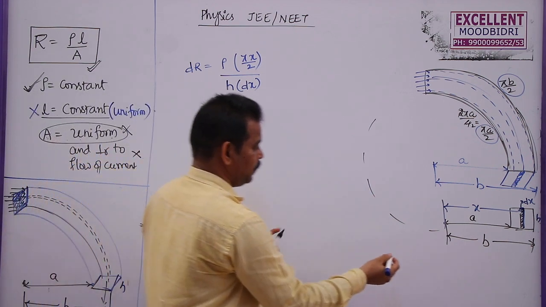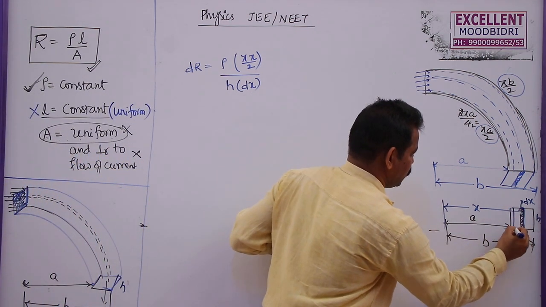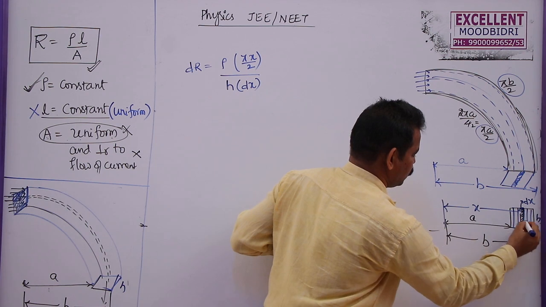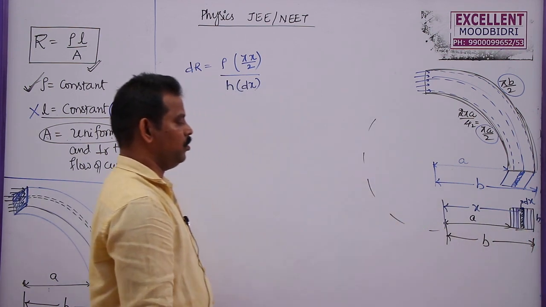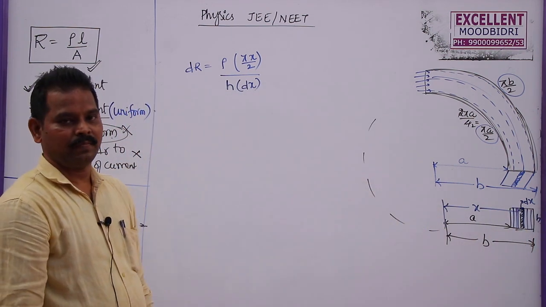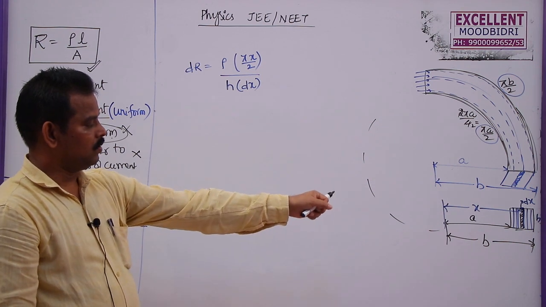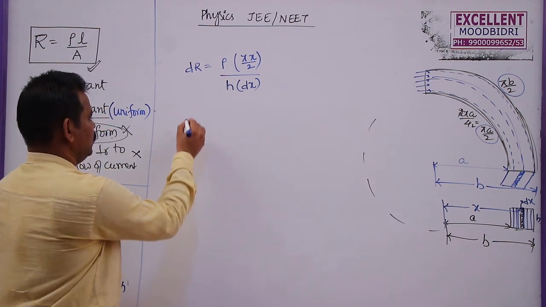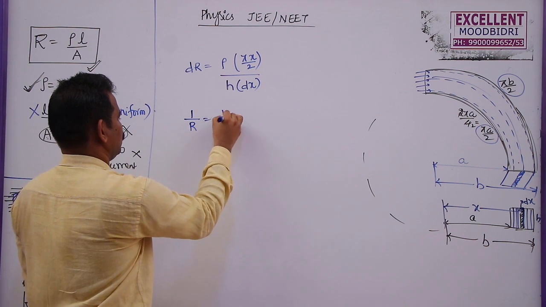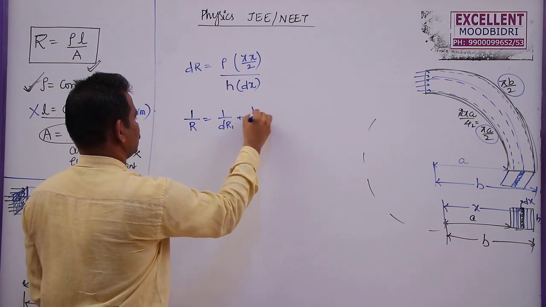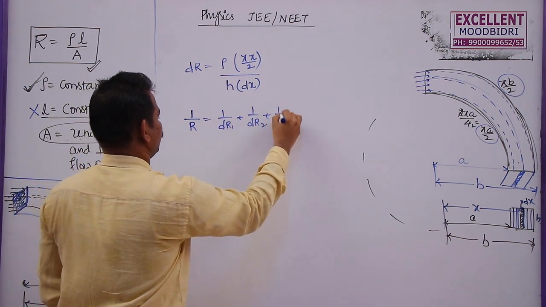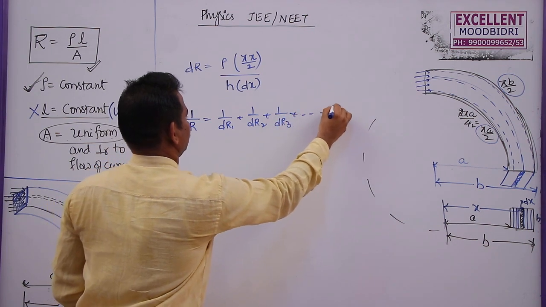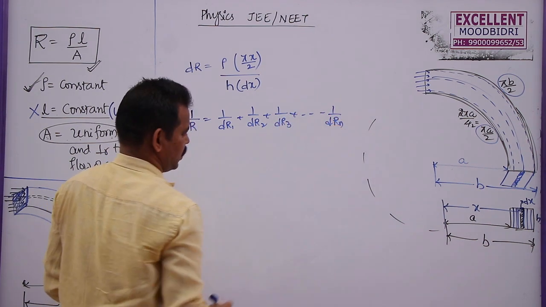Now, you can see here these are all small strips which are parallel to each other. So, the total resistance is given by 1 by r is equal to 1 by r1 plus 1 by r2 plus 1 by r3. So, 1 by r is equal to 1 by dr1 plus 1 by dr2 plus 1 by dr3 and so on up to 1 by drn.